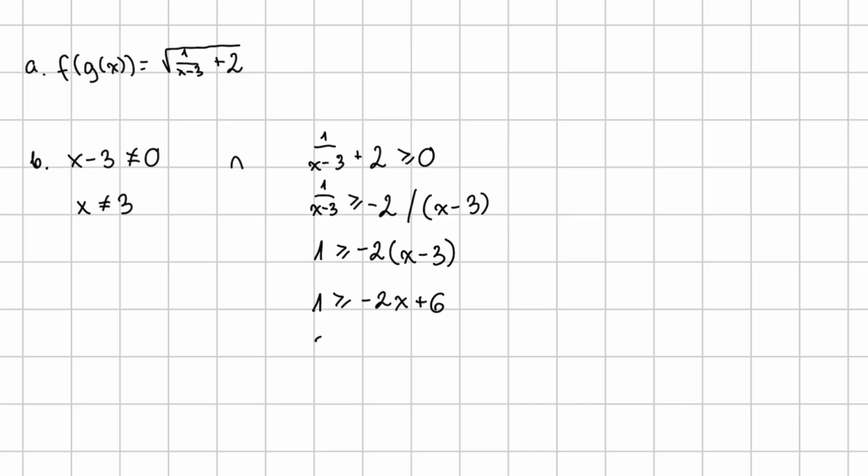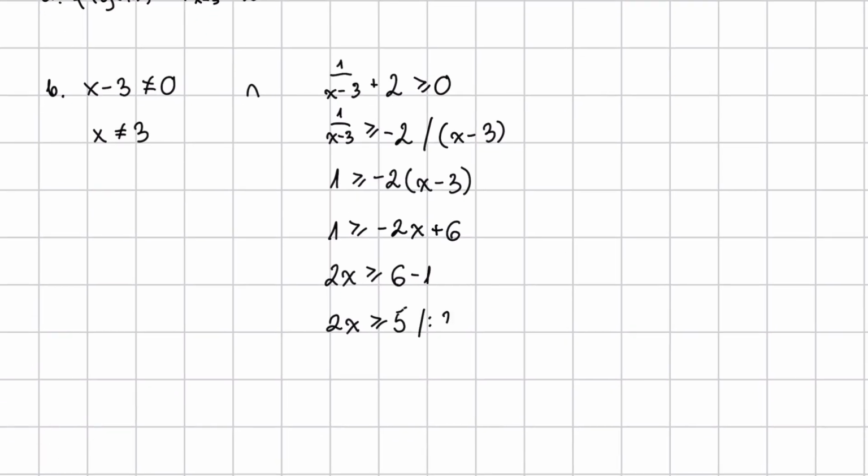So we have 2x is greater or equal to 6 minus 1. So we're left with 2x is greater or equal to 5. And now we can divide both sides by 2. So x is greater or equal to 2 and a half.